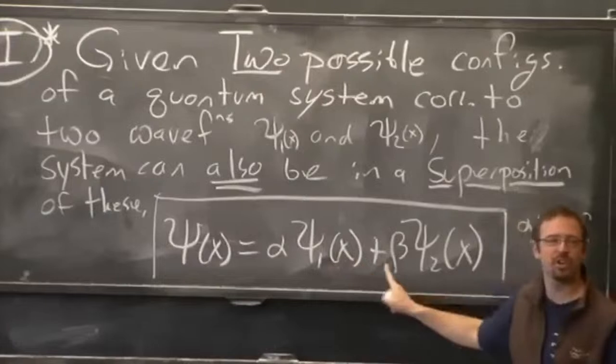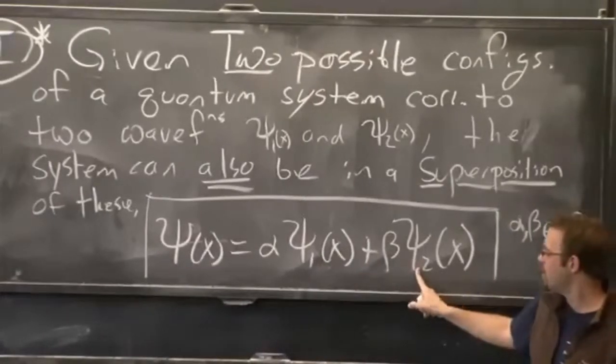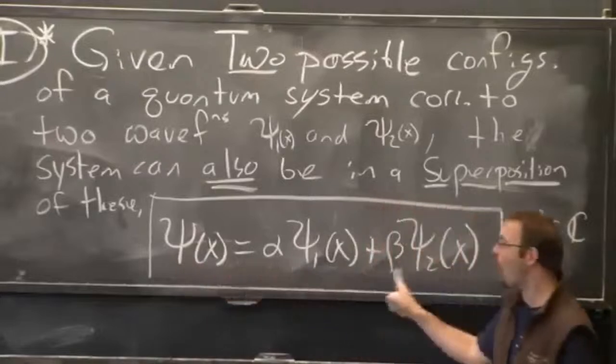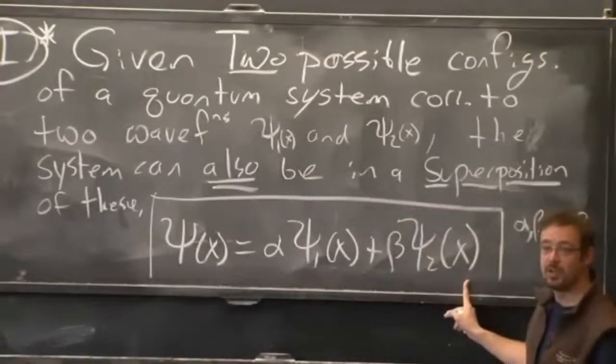Given any two possible configurations of the system, there is also an allowed configuration of the system corresponding to being in an arbitrary superposition of them.